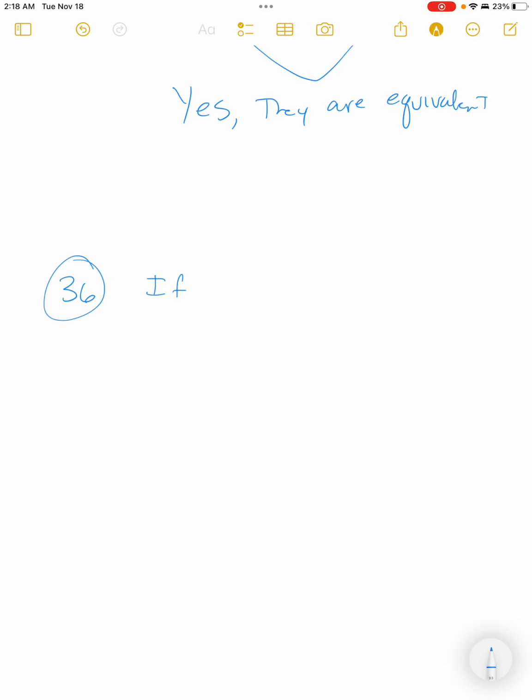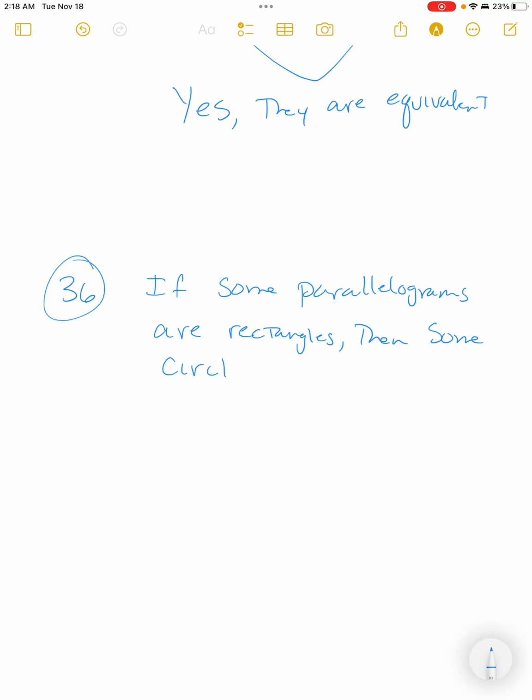It says for the following exercise, use the conditional statement: if some parallelograms are rectangles, some circles are not symmetrical.